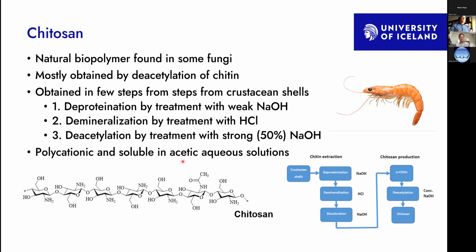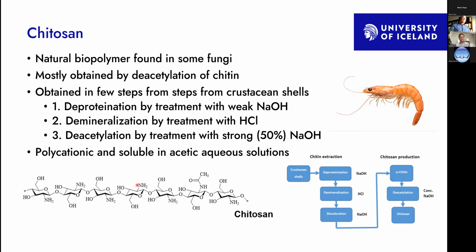Now, what makes chitosan important is maybe mainly that it can be polycationic, which is quite unique for a natural polysaccharide, I would say.